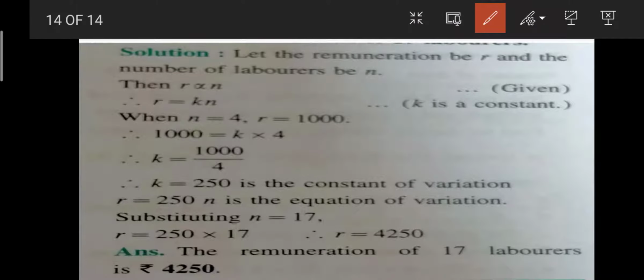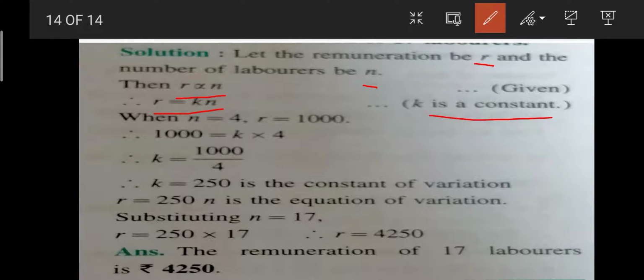This is the solution, students. I'll explain it to you and then you have to copy. Let the remuneration be R and the number of laborers be N. Then R is directly proportional to N, that we know. Therefore R is equal to kN, where k is our constant.